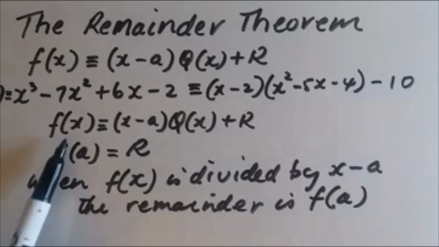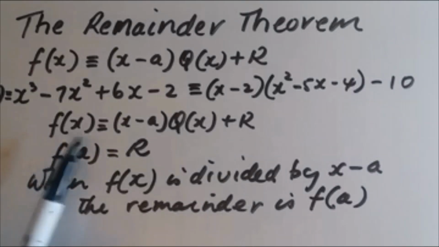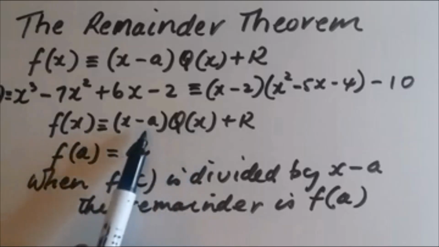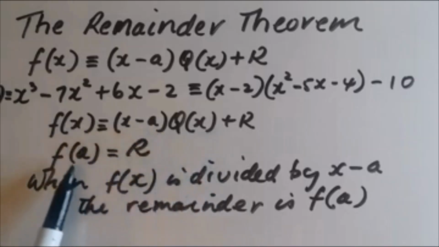Here we found f of a, that's substituting a for x, and that sends all of this to 0, and we just know that now f of a is actually r. And this is the formal statement of the remainder theorem: when f of x is divided by x minus a, the remainder is f of a.